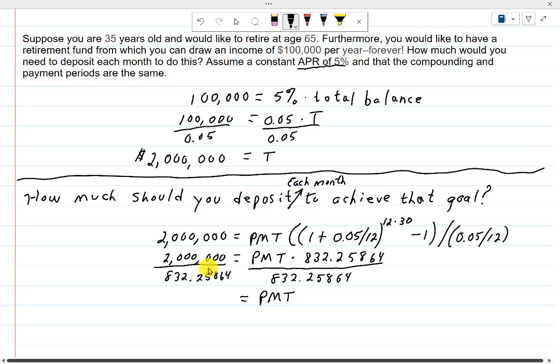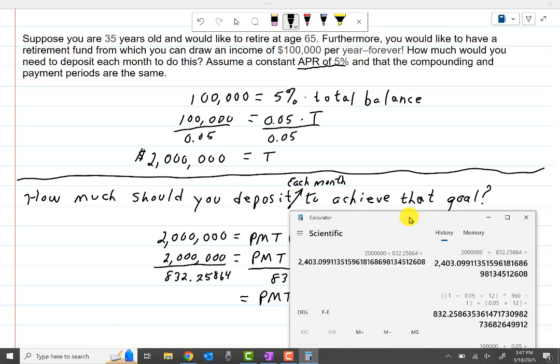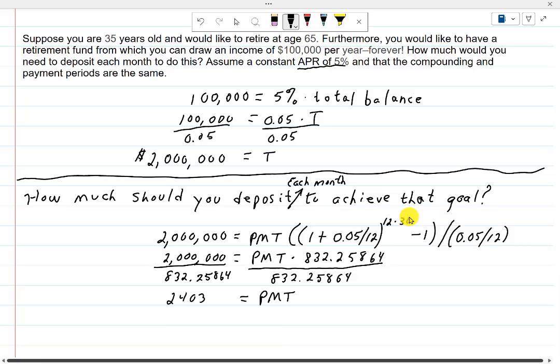And let me get my calculator for that. So 2403.10. That's how much you should be putting in every month.